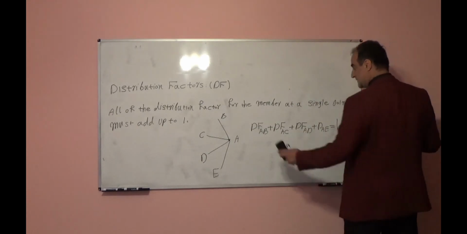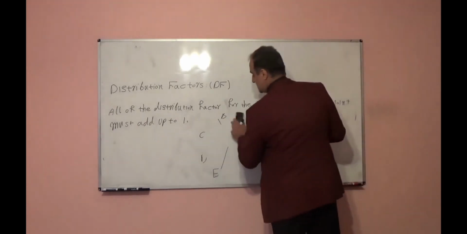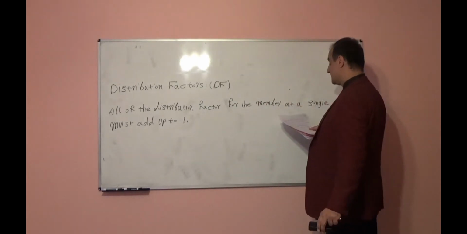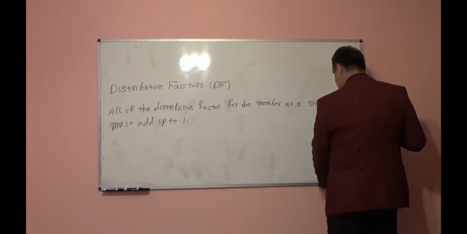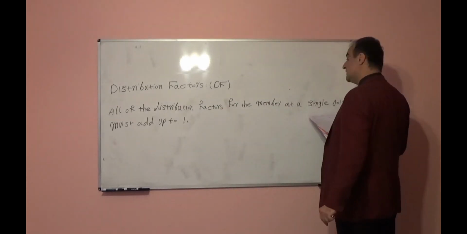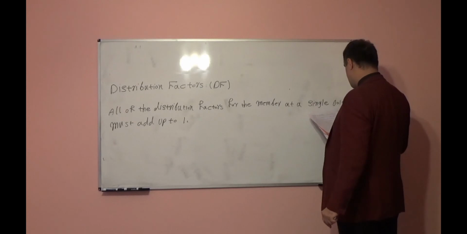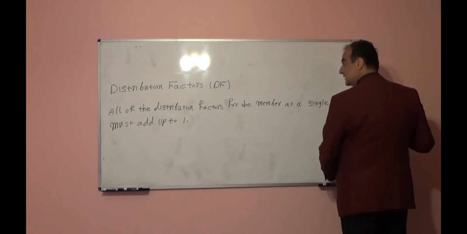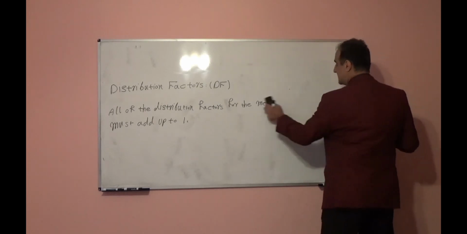Let's see another important point you should know. First of all, the distribution factors for the members at a single joint must add up to 1. This is one important thing you should double check.